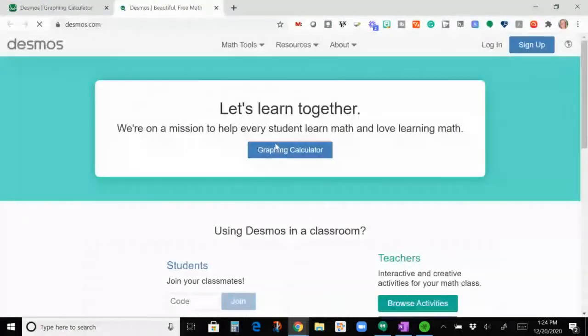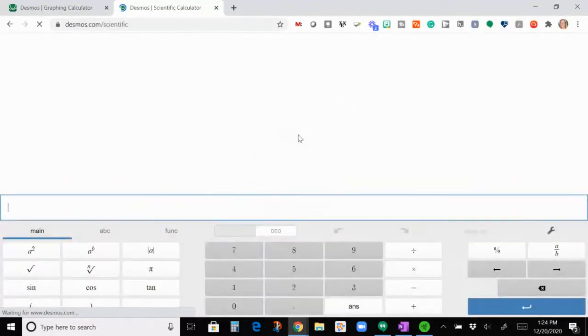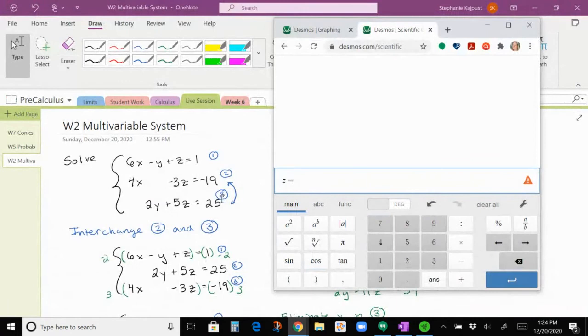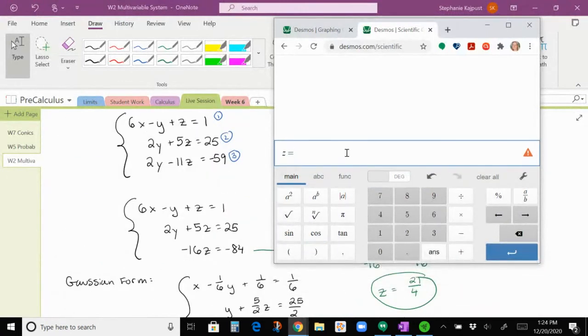So let's go back to the home page and see if I can do this with the scientific calculator. I don't know if it will let me set x equal and y equals, that kind of stuff. So let's see, what was z again? z was 21/4.